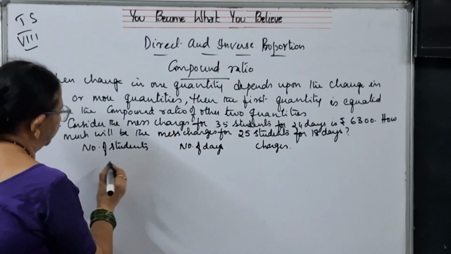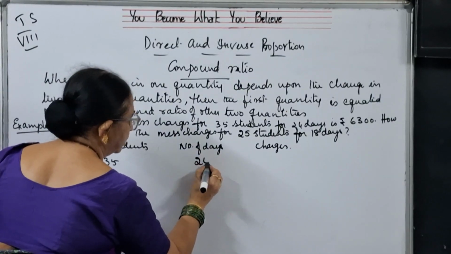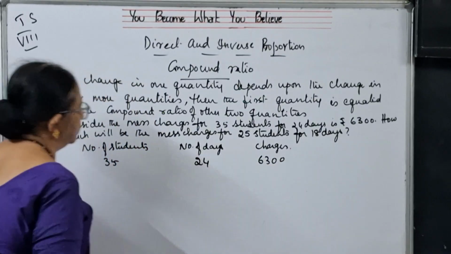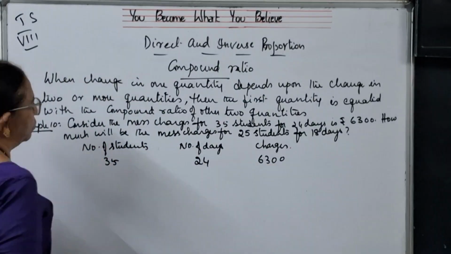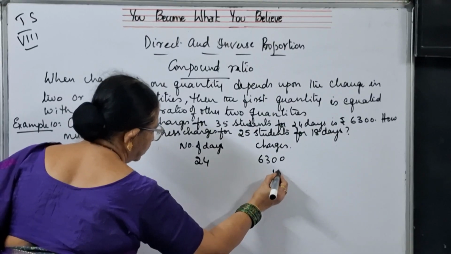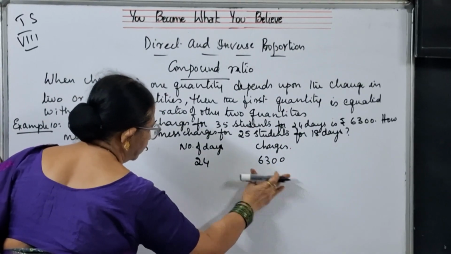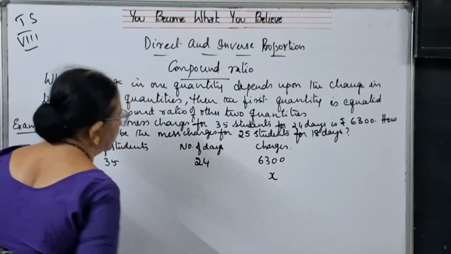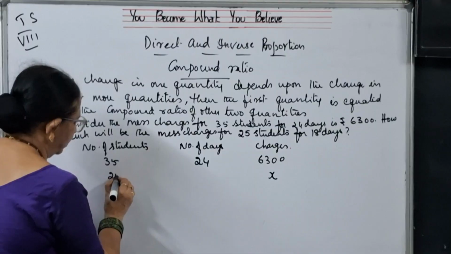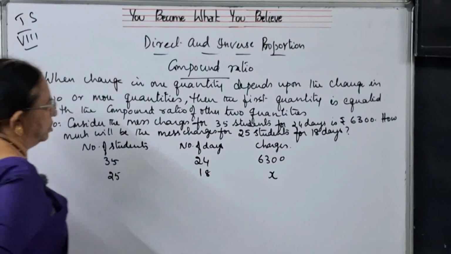Here, 35 students, 24 days, 6,300. Now the question is, what will be the mess charges? So we need to find this out. Let us consider it as x. 25 students, number of students are 25 and number of days are 18.